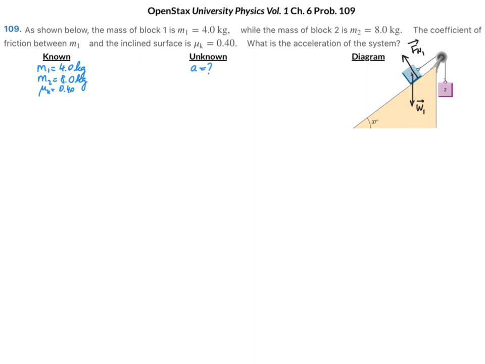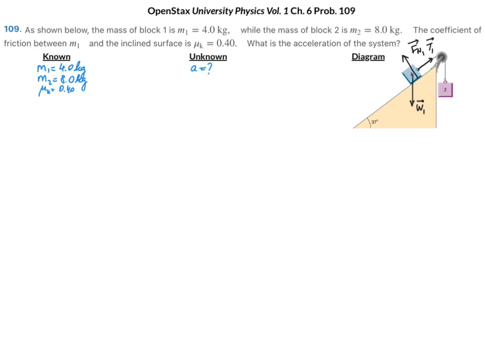All right, now what else do we know? We see that there is a string in the problem that pulls this block up. Whenever there is a string, the string pulls away from the object, and that means that there will be a tension force in the string, and I'm going to call that tension force T1. Again, I keep subscript 1 for block 1.